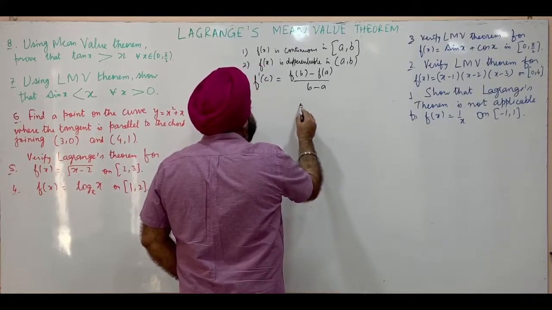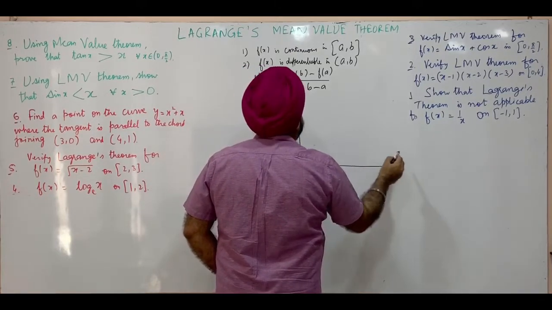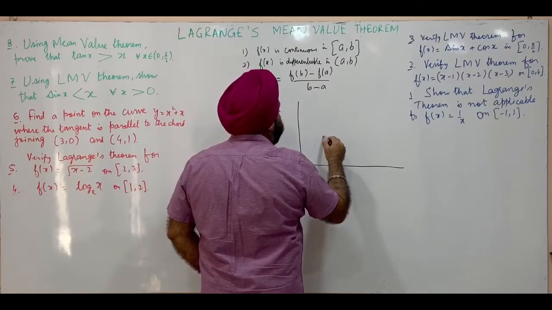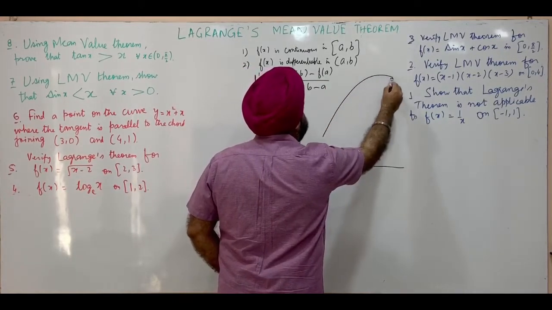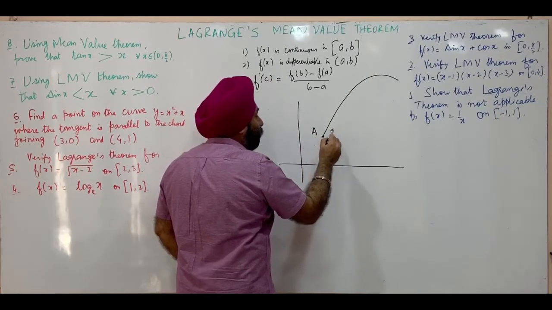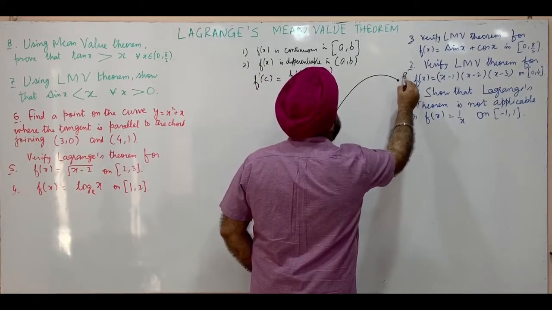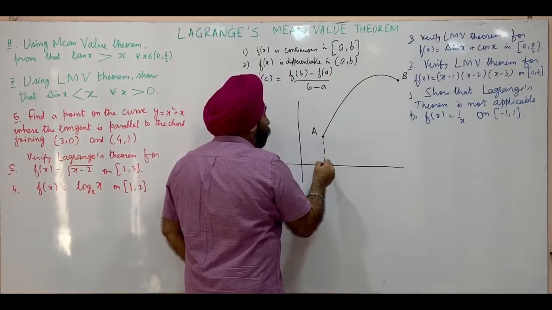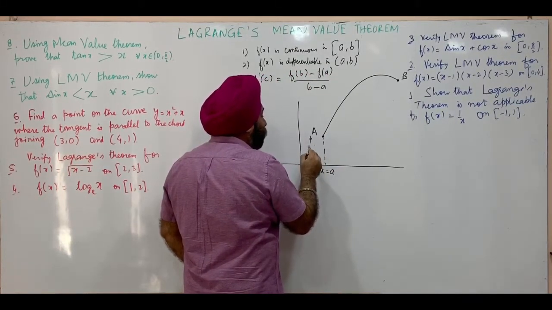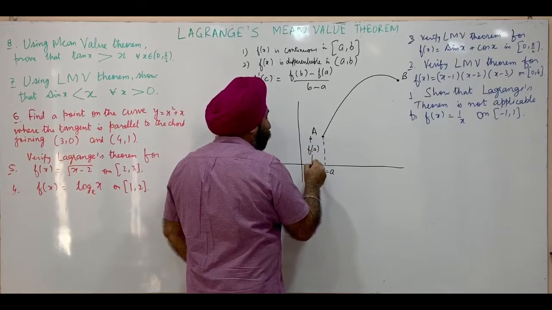So let us understand this. So we have a function which is continuous and differentiable. So let's say this is the function. This is the starting point of the function. This is the end point b. The value of the function at this point, x is equal to a, let's say, is f of a.